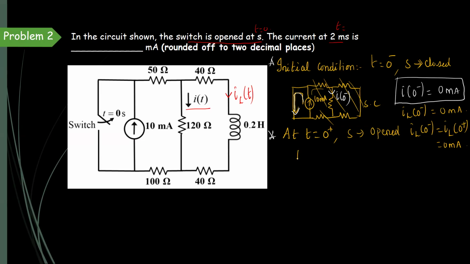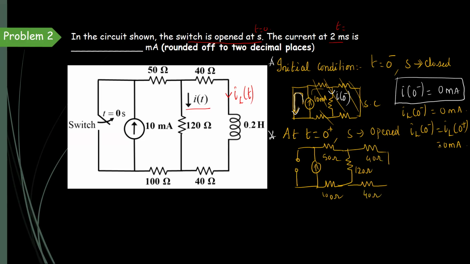But the switch is in the open condition, so the circuit will be like this. This is the open switch and the current source, and these are the resistances 50 ohms, 100 ohms, 120 ohms, and 40 ohms and 40 ohms, and the current flowing through the inductor is 0 milliamps.